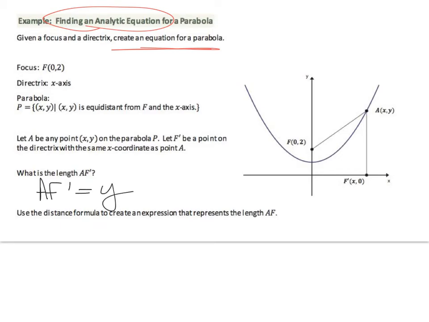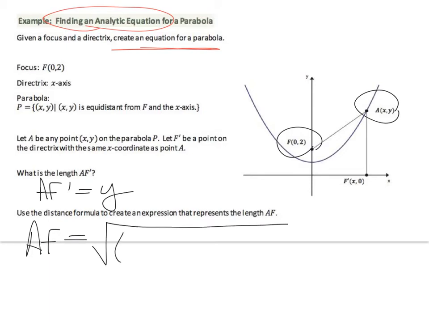Use the distance formula to create an expression that represents the length of AF. AF is this length right here. So we have AF equals, using this ordered pair and that ordered pair, the square root of (x1 minus x2), let's just do (x minus 0) quantity squared, plus (y minus 2) quantity squared.